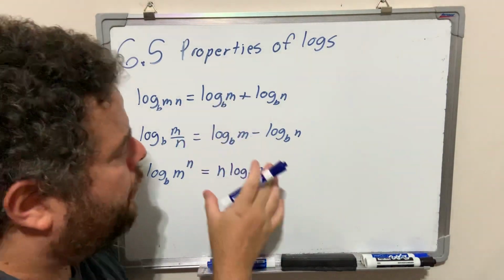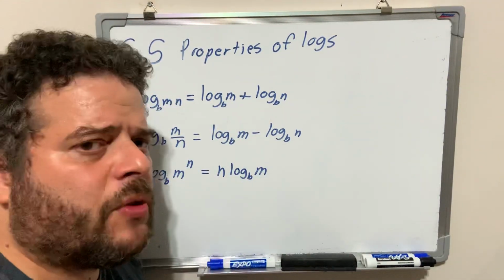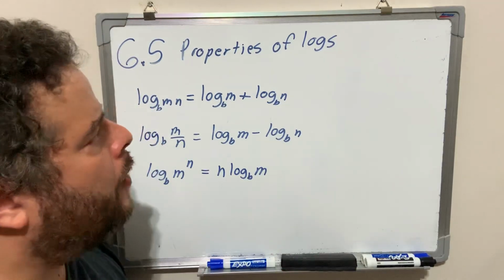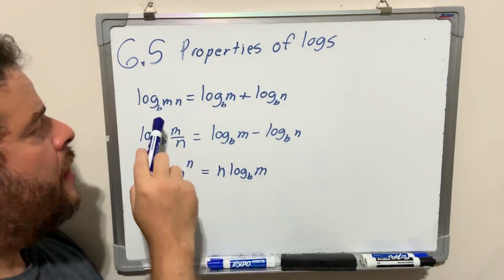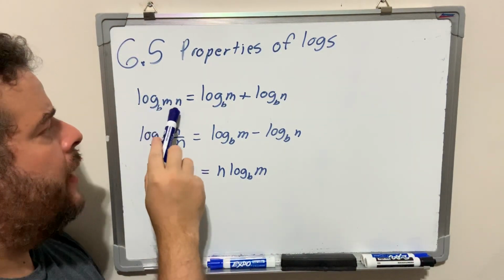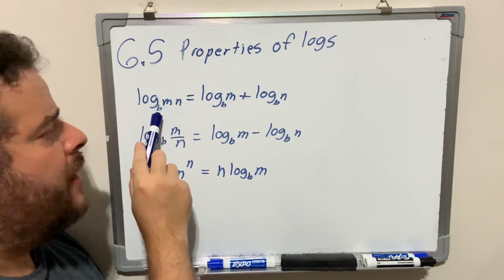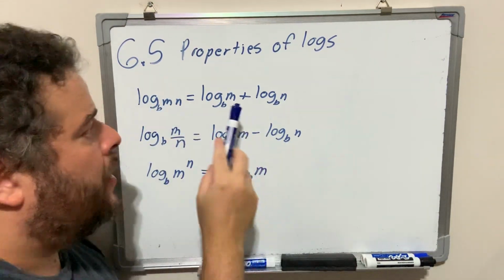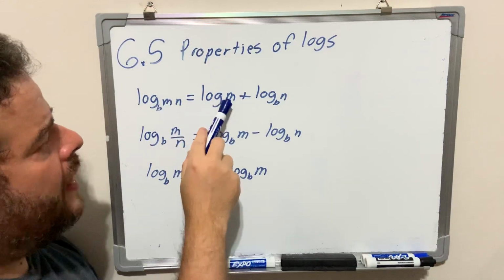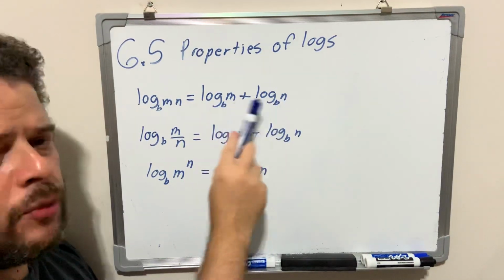So these are the properties of logs, and even though it looks kind of confusing, it actually isn't. All they're telling you is that whenever you're multiplying a number times a log of the same base, you can break it up into log of m plus log of n, of course with the same base.